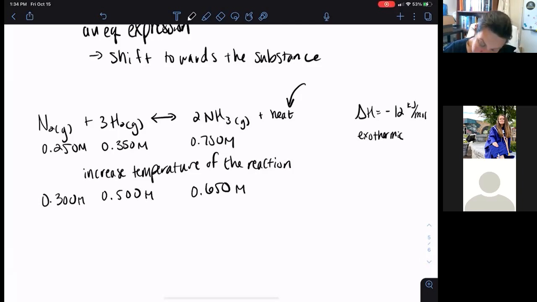So by increasing our temperature, we're going to shift away from the NH3, produce more N2 and H2.